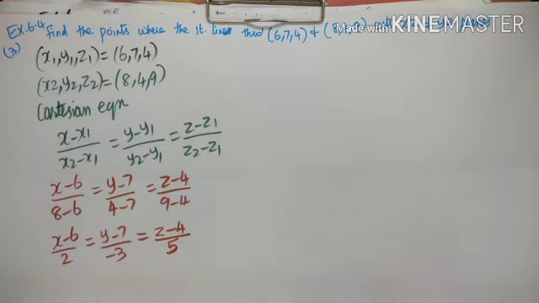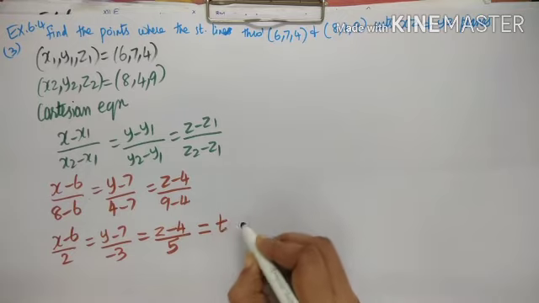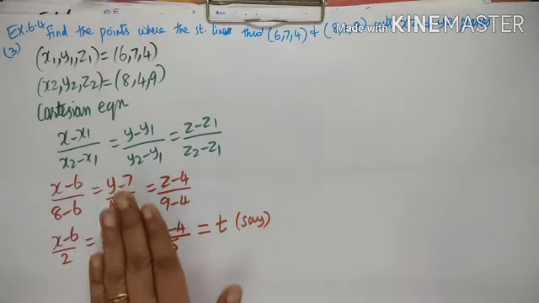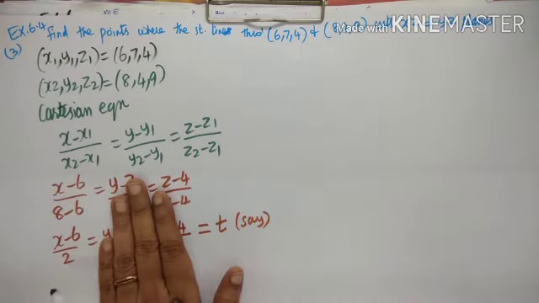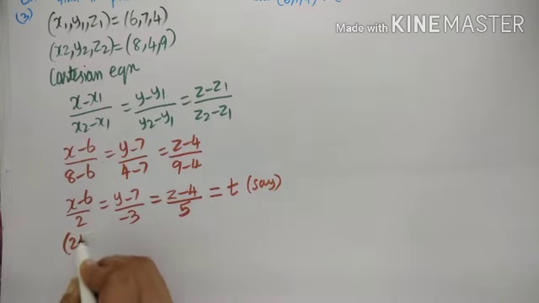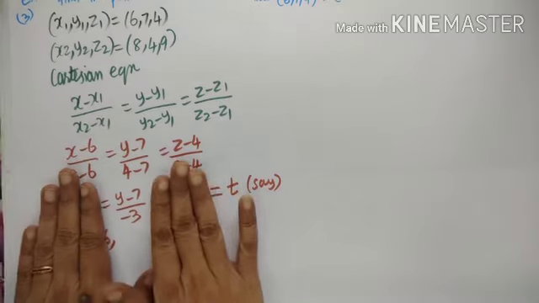So, to put y or z to be 0, take this line equal to some constant t. Now, hide these two. Write what is x from here: 2t plus 6. Similarly, hide x and z.